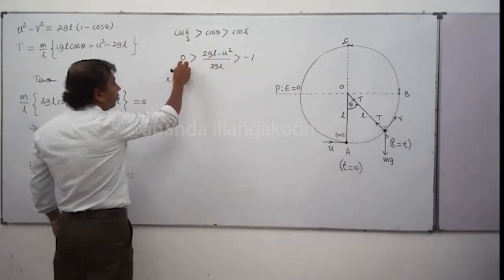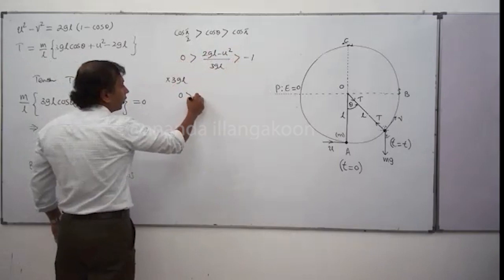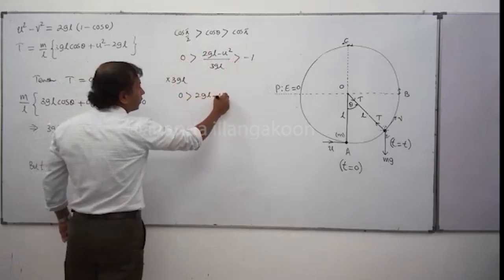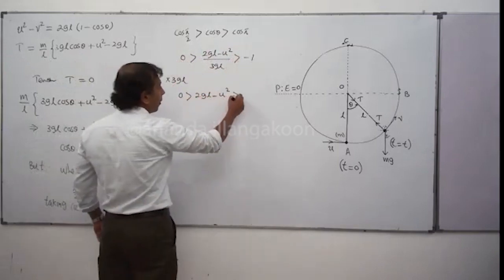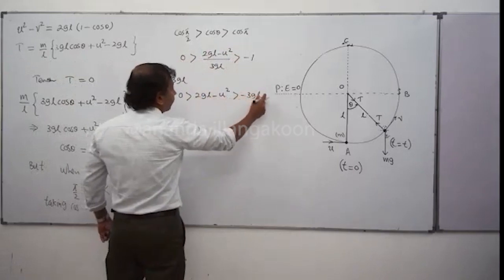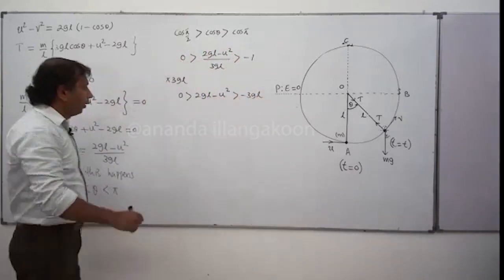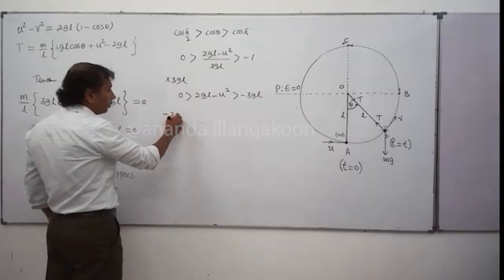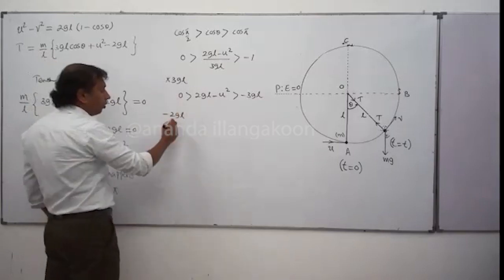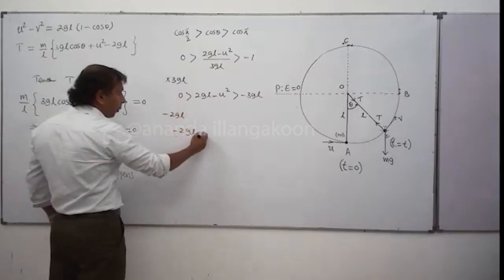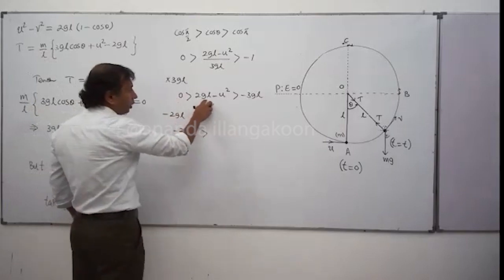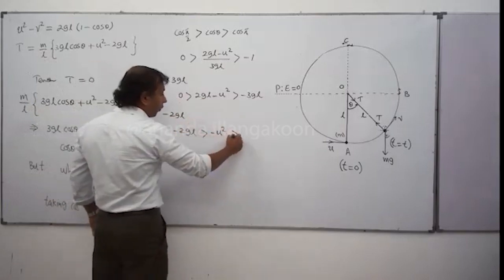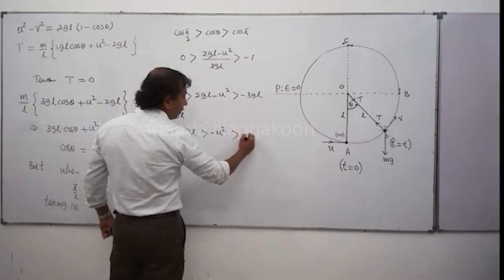This will be 0, 2GL minus U squared, minus 3GL. And subtract 2GL. This will be minus 2GL. When you subtract 2GL here, we get minus U squared. When we subtract 2GL here, it is minus 5GL.